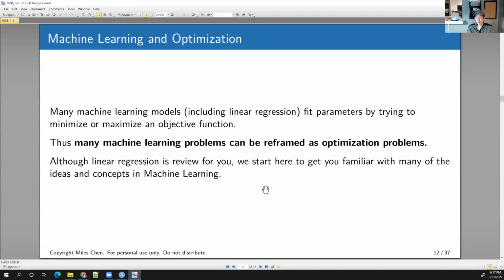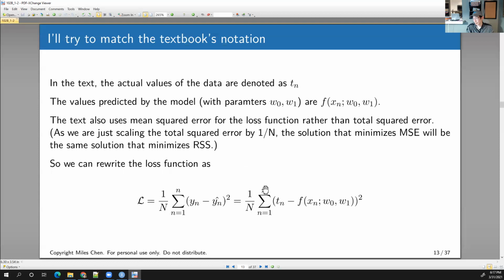Optimization is all about finding a min or max of a function. So minimizing the residual sum of squares is effectively an optimization problem. Even though linear regression is going to be reviewed for you, we're going to start here because I can introduce a lot of these machine learning concepts.